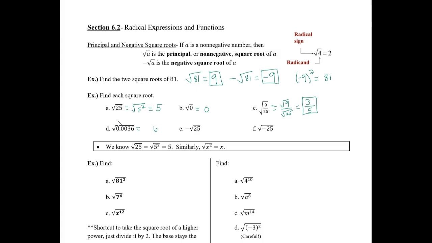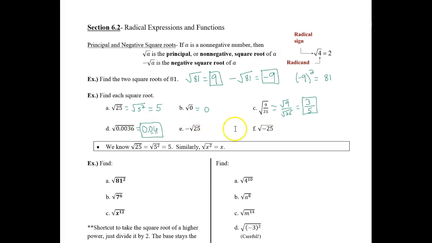Should be just 6, right? 6 times 6 would give you 36. And then we have to think about the decimals. So I have 1, 2, 3, 4 place values after the decimal. When we take the square root, we cut that in half. So if there were 4, my answer should have 2 decimal place values. So that should be 6 hundredths.